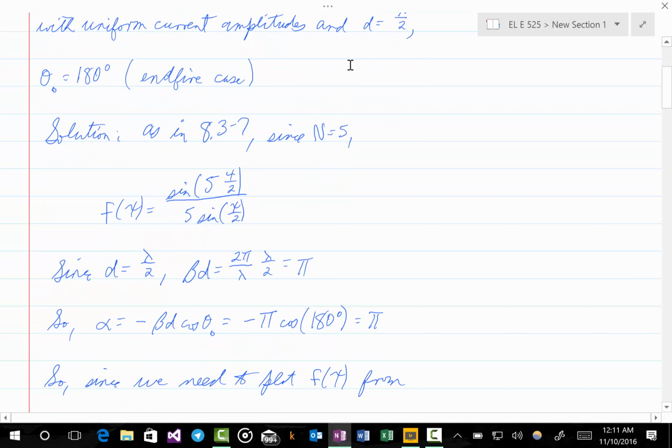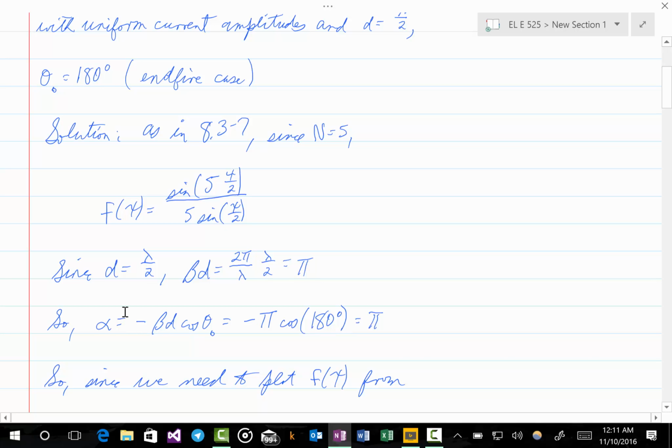Now, d in this case is equal to 1/2 wavelength, and therefore beta d is equal to 2 pi over lambda times lambda over 2, or just pi.